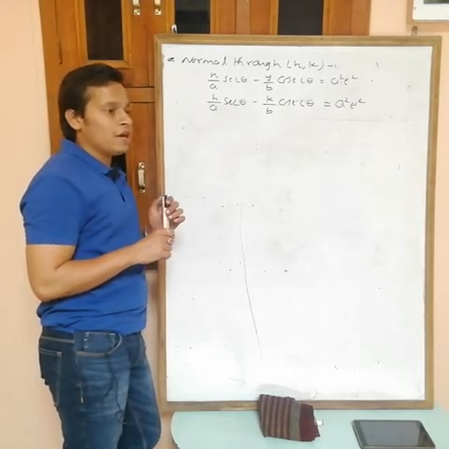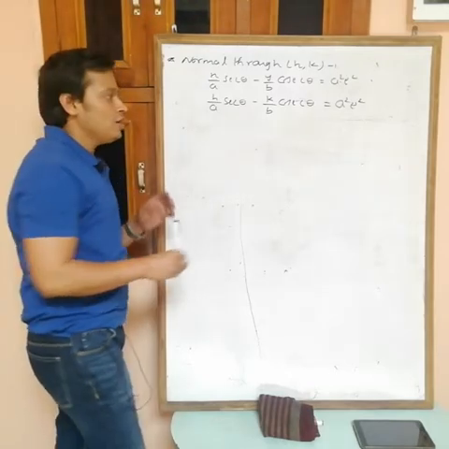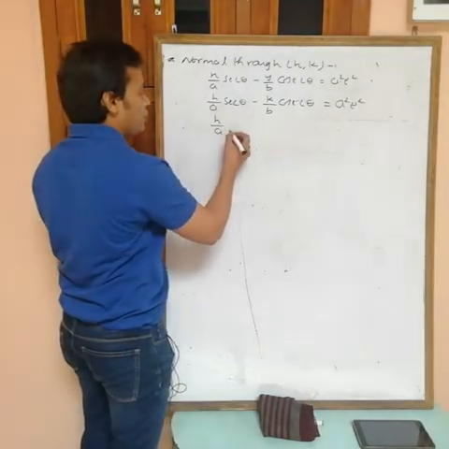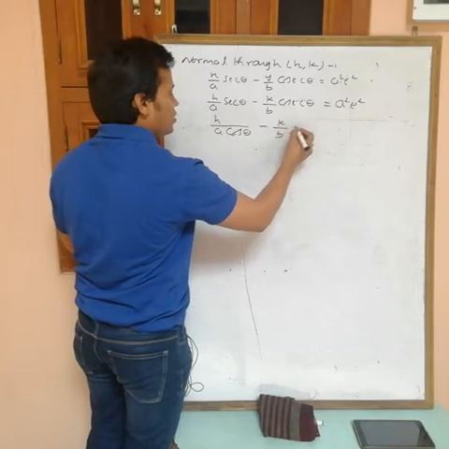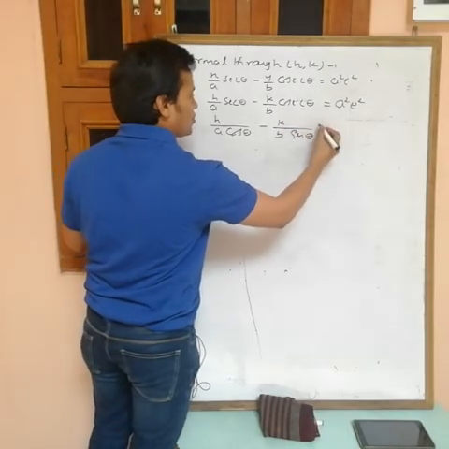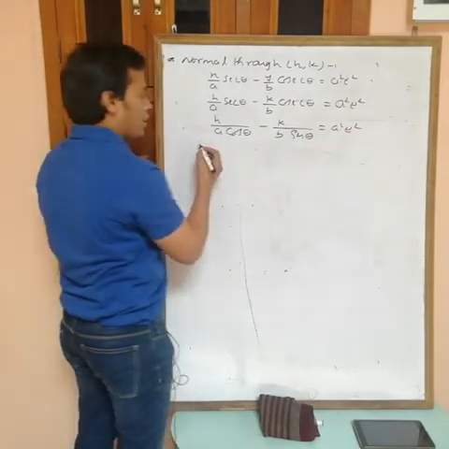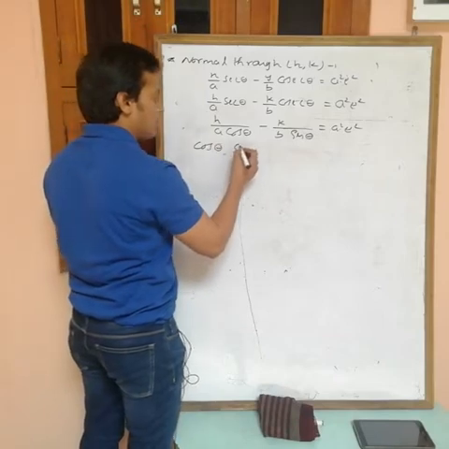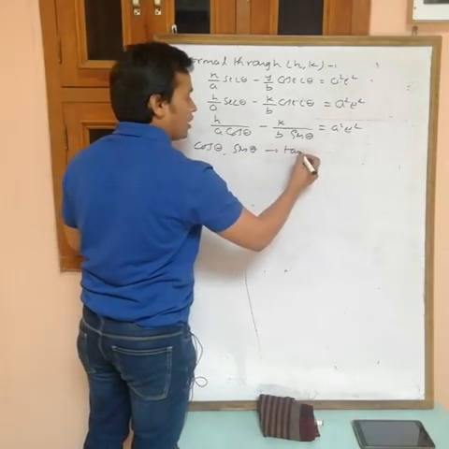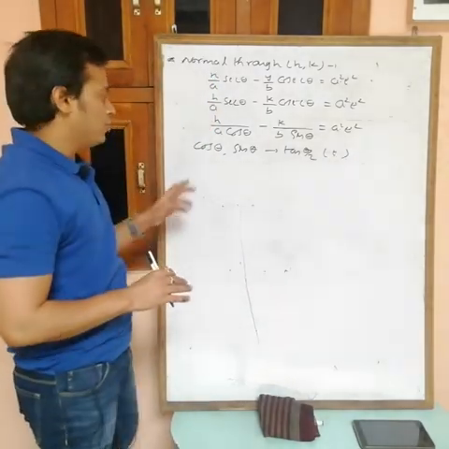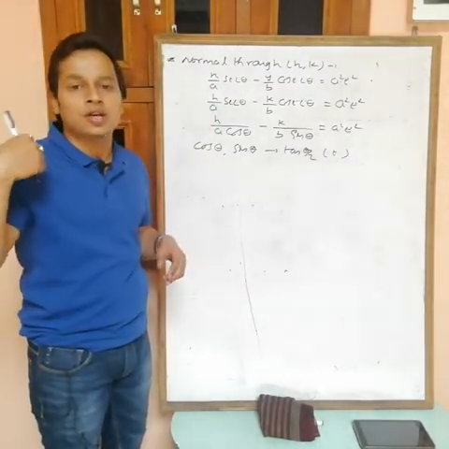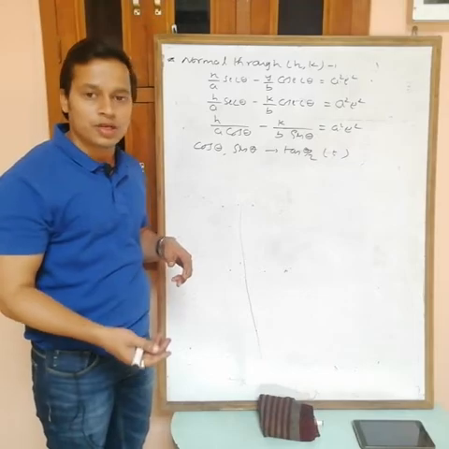Actually we can convert sine and cos both in terms of tan. So first I am writing h by a cos theta minus k by b sine theta equals a square e square. I can write cos theta and sine theta both in terms of tan theta by 2, and suppose tan theta by 2 is t. Cos theta is 1 minus tan square theta by 2 by 1 plus tan square theta by 2.